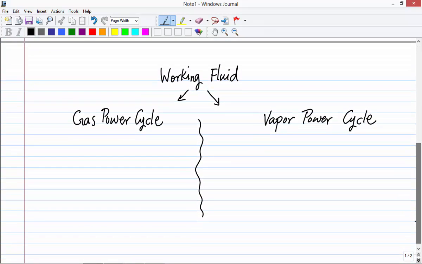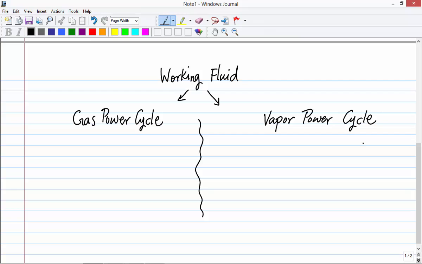And then if we focus on the system material, what is inside our system, what is the working fluid, we can divide different types of power cycles into categories. If we have air, or a mixture of air and fuel, and it combusts and goes to the turbine or the compressor, then we will have different types of cycles, and we call that gas power cycle.